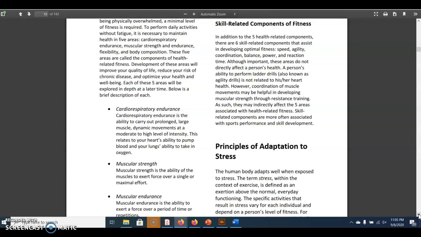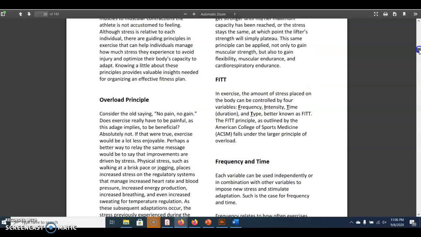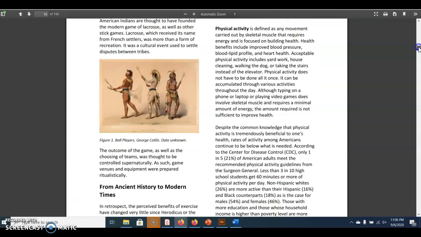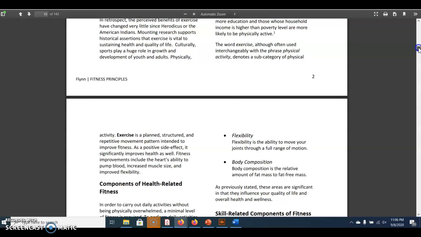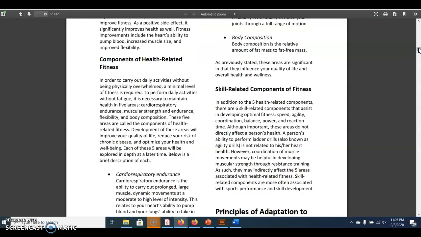If indeed you want to increase your health, then what you need to do is work on cardiorespiratory endurance, muscular strength, muscular endurance, flexibility, and body composition. And yes, please be sure to know the definitions of each of these. I've made a video that shows this, so that's really important.